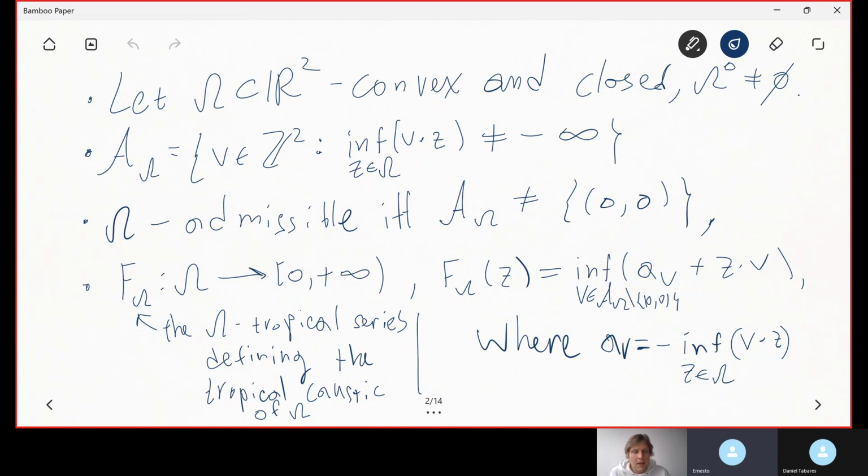What is this condition? That there is a single support function which takes the infimum, that F_Omega is linear with a precise gradient. And the distance function is continuous globally, but it's linear on every chamber.